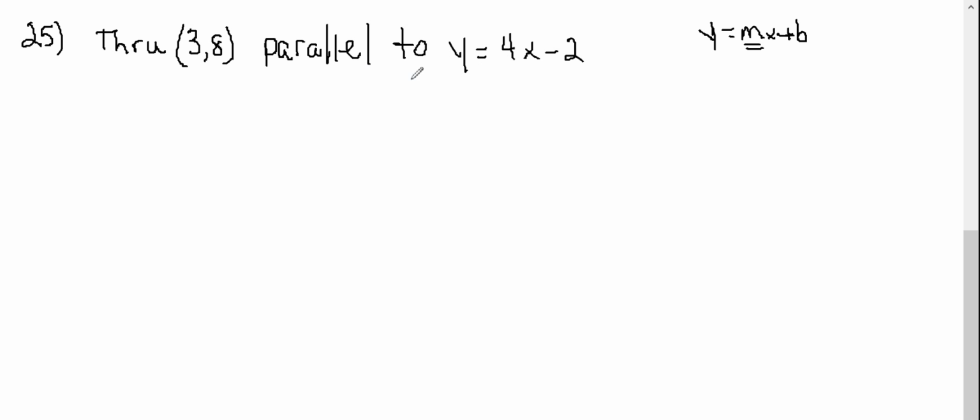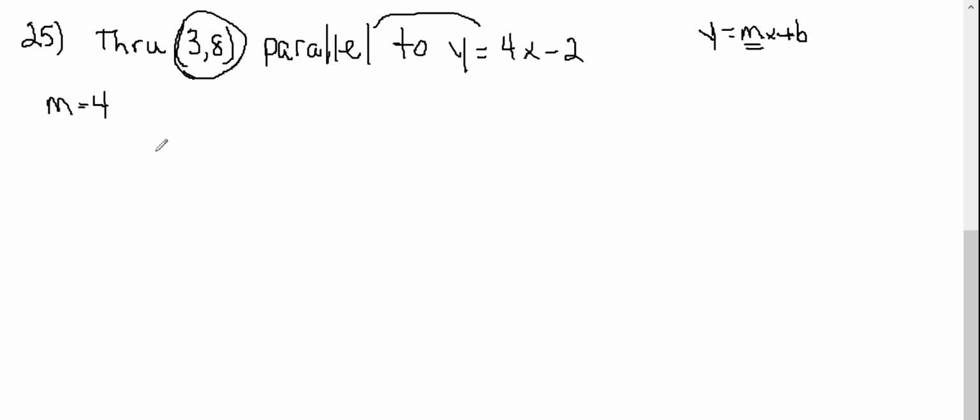So now we can use the point-slope form, because we know what the point is, 3, 8, and we also know what the slope is. The slope is going to be the same number, which is 4, traveling through 3, 8.